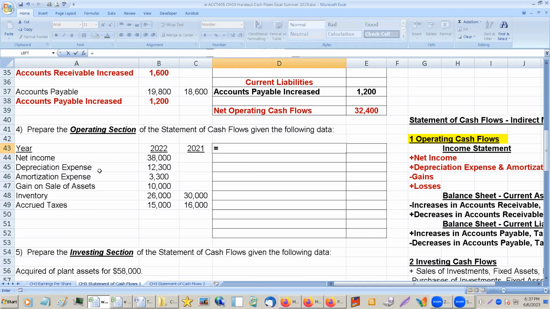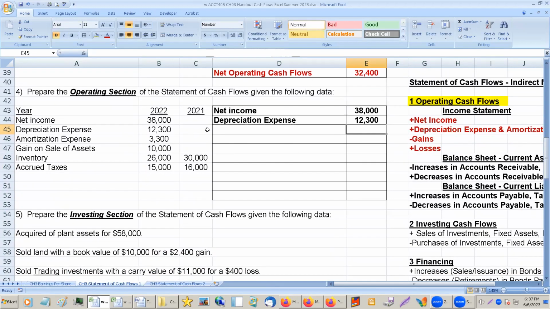All right. So net income, same as before. Depreciation expense is the same as before. It's added back in because we really didn't pay this amount. All right, amortization expense is very similar to depreciation.